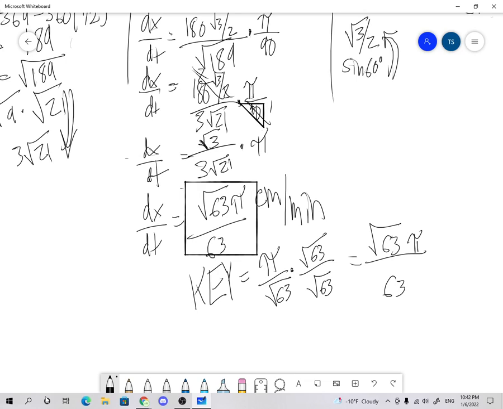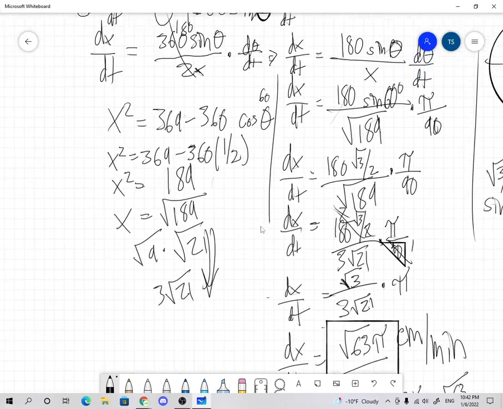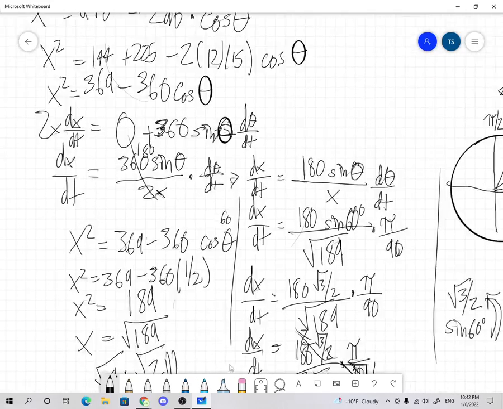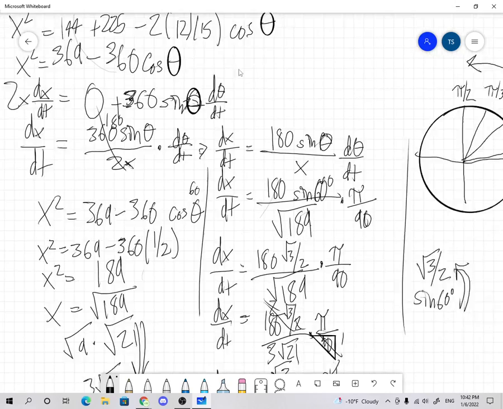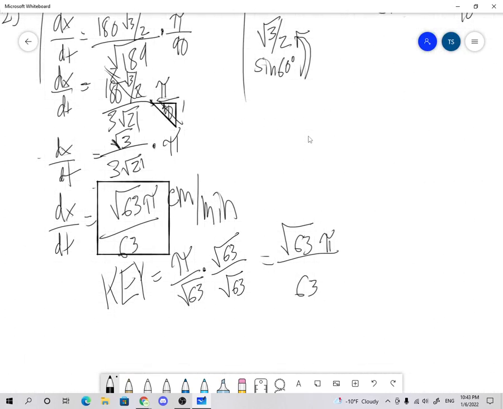Did it read? Maybe I just didn't read. I didn't read. Oh my goodness. Embarrassing. Where's that figure I drew? I put centimeters? Okay, well that's wrong. That's actually in meters. In meters per minute, because it told us that radians was in radians per minute. Therefore, meters per minute. Awesome.